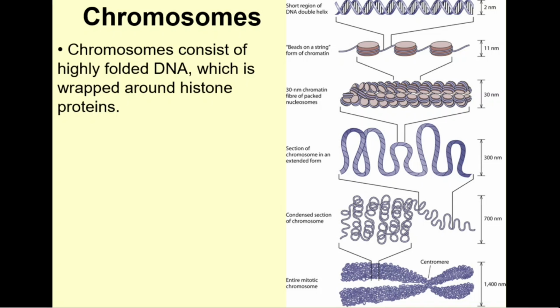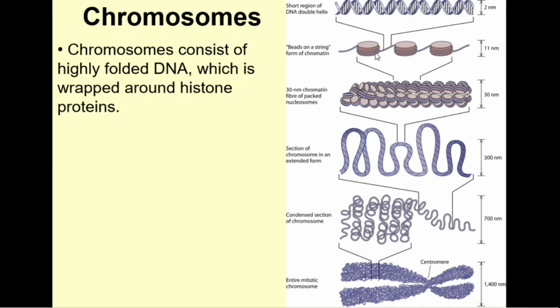Well, inside each of our cells, we've got about 2 meters worth of DNA. So that is an incredible amount of material to fit into such a tight space. So how does that happen? Well, it happens through a really complex process of folding, twisting, and coiling, specifically using a special type of protein called histones. So if we go back to our diagram, we've got DNA at the top.